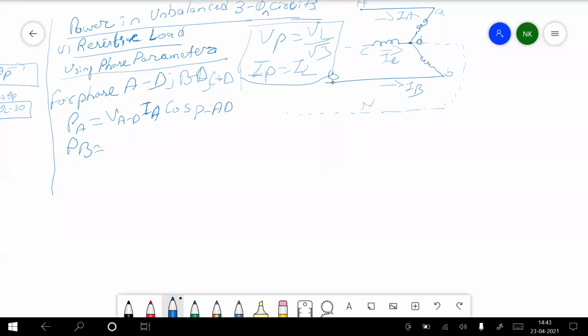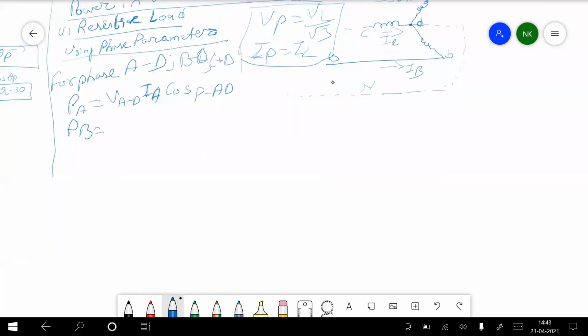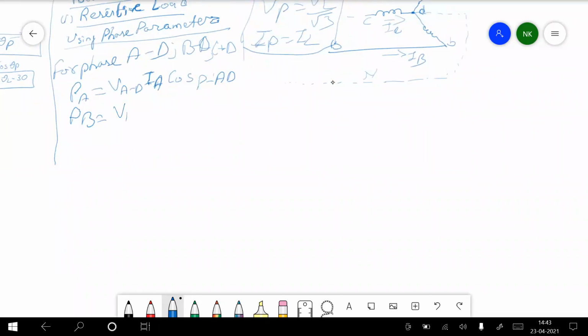So PB equals VBD IB cos of phase BD, and PC is VCD IC cos of phase CD. These are the three equations we get from this particular point.